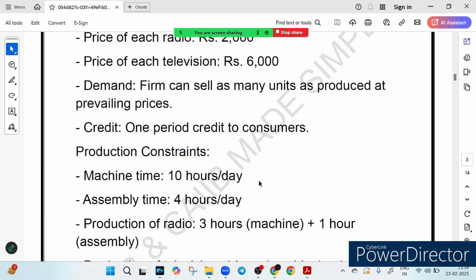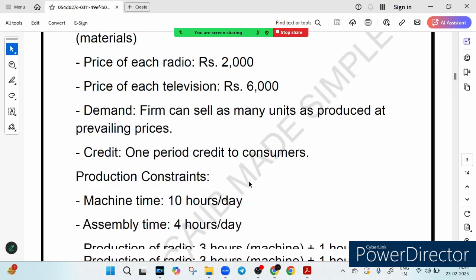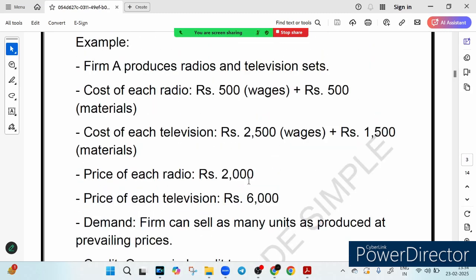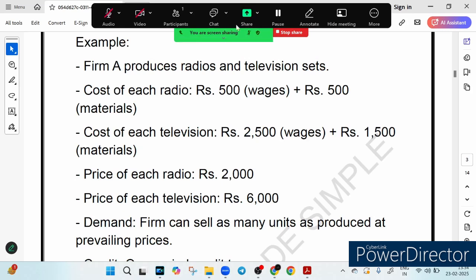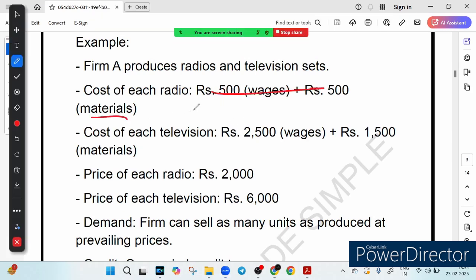No, sorry, this is the selling price. We are talking about the cost price. Cost price is 1,000 for each radio and 4,000 for each TV. So for x radios it will be 1,000x, and for y TVs it will be 4,000y.